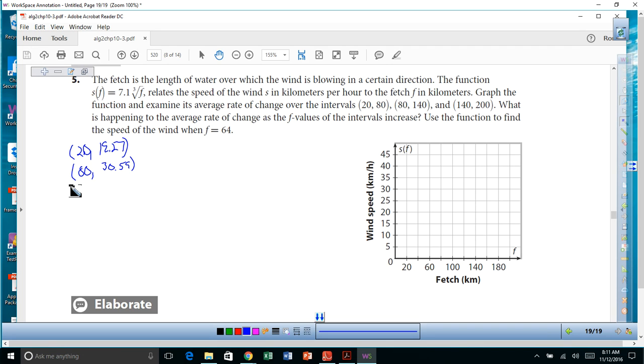And then for 140, I got 36.87. And for 200, I got 41.52.